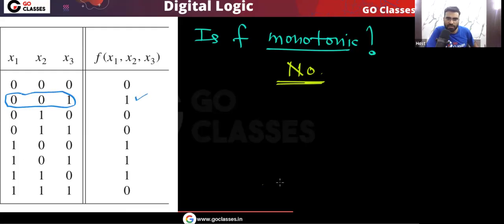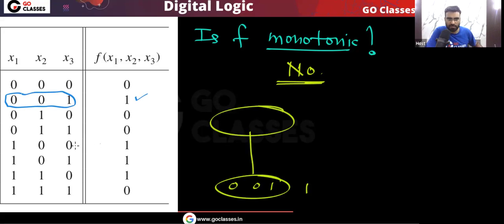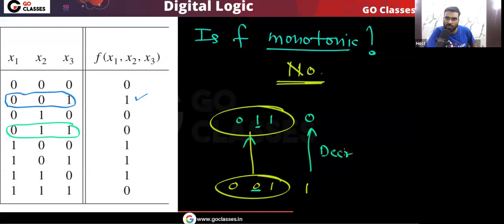Please focus here. If I change a single variable from 0 to 1, the function value is 0. So this is the decrease. So there is a violation, right? Did you notice this is the violation?